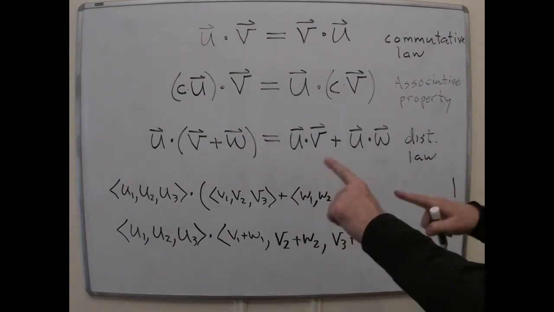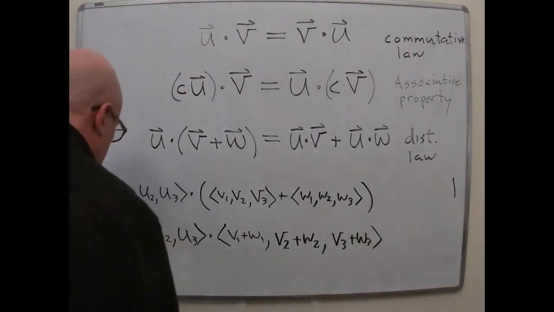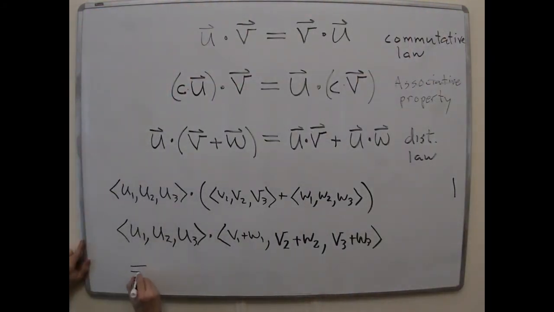Take the corresponding components and multiply and then keep a running tally of all that. So what do we get?